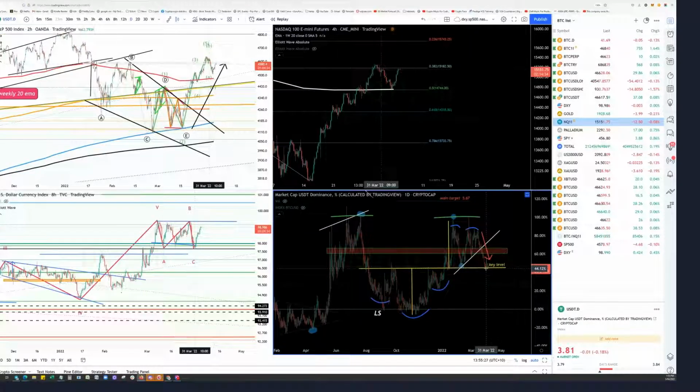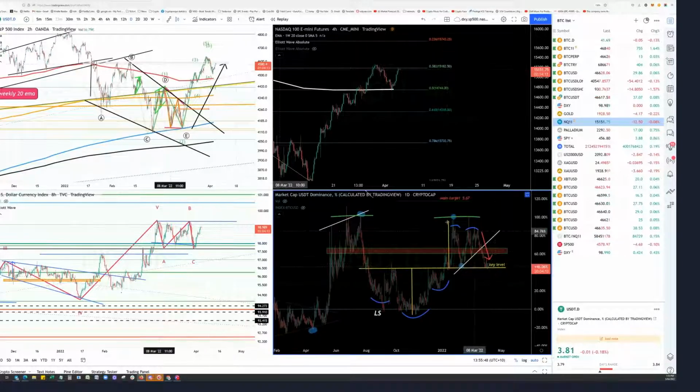So it's confluent. What does the US tether mean in dominance? The way I read it, if the dominance drops, it means that it's being used up to buy crypto. If the cryptos are being sold off, then you will see tether dominance increase because they're selling off the crypto.